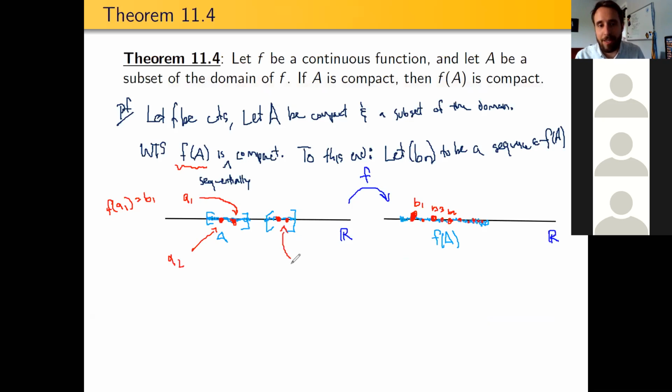Maybe this point is A sub 3, and it mapped to B sub 3, and so on and so on. So in a natural way, we will construct a sequence A sub n in A such that f of A sub n equals B sub n.